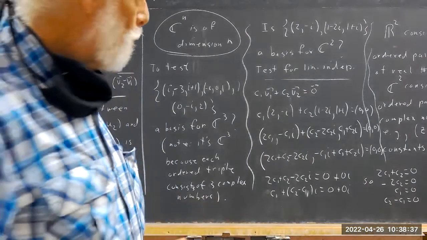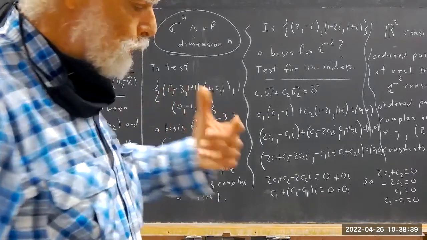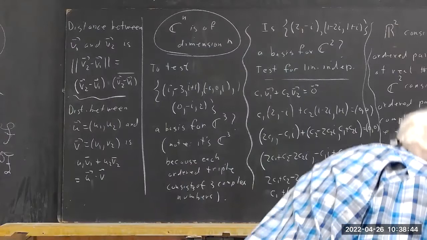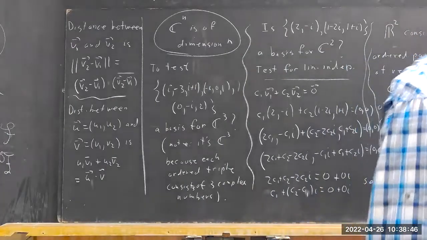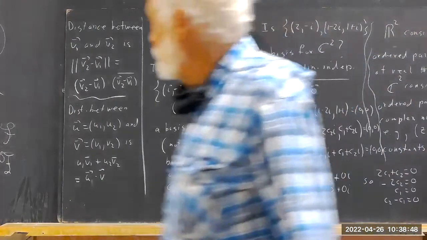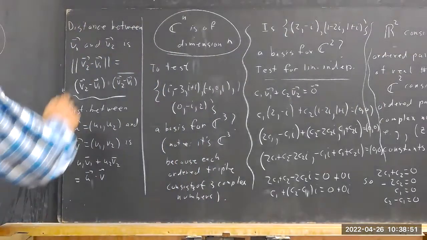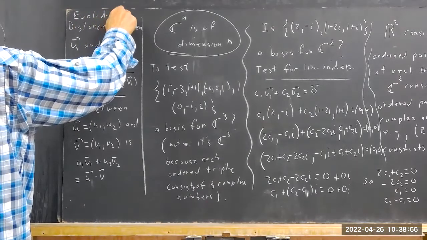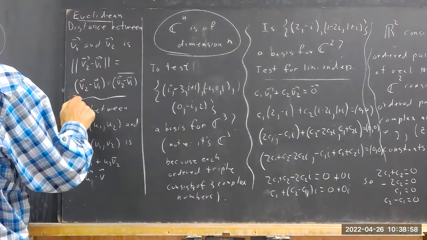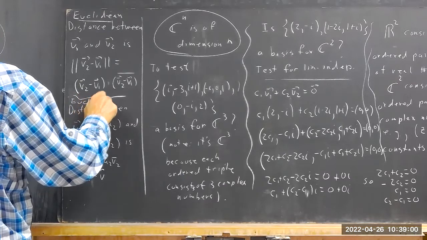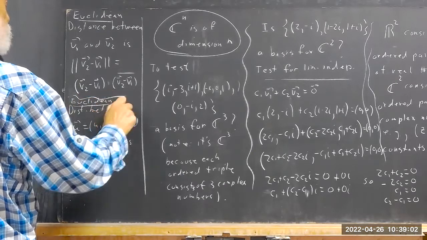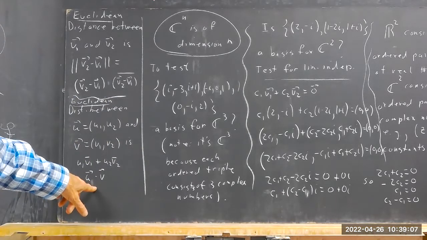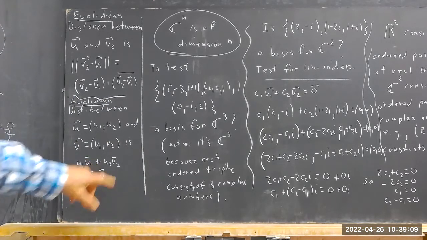Somehow, seems like they ask you this before they talk about their products. And also, I say the distance. This is the Euclidean distance. And they do define the Euclidean dot product, okay? And it's just this.